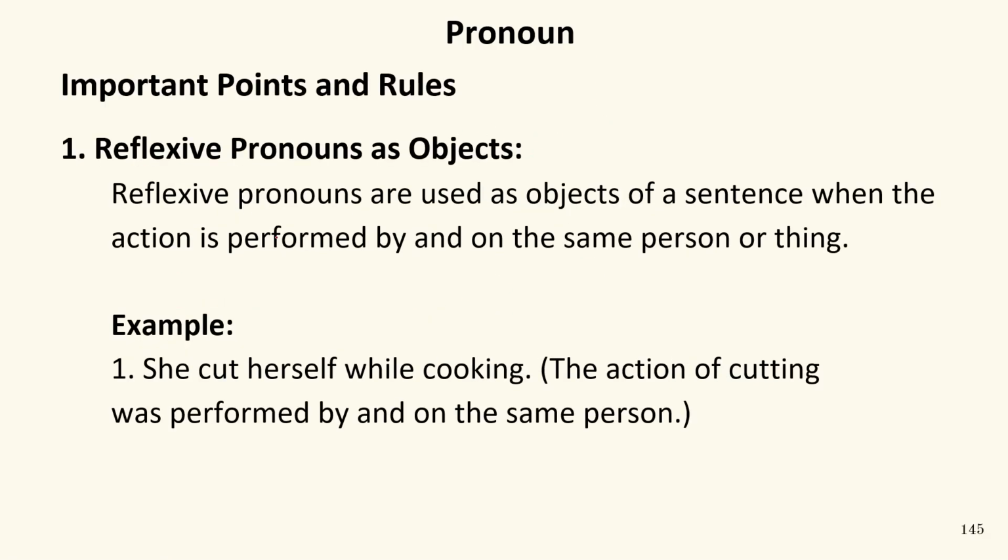Reflexive pronouns as objects. Reflexive pronouns are used as objects of a sentence when the action is performed by and on the same person or thing. She cut herself while cooking.